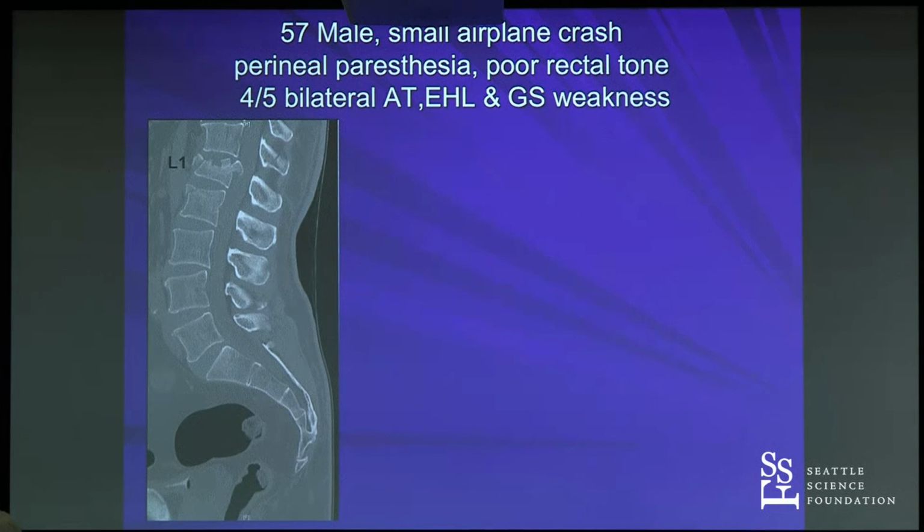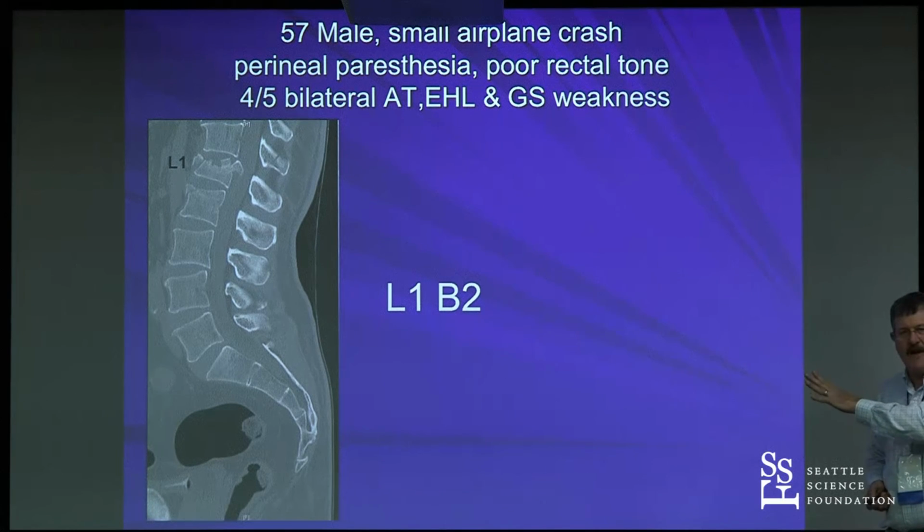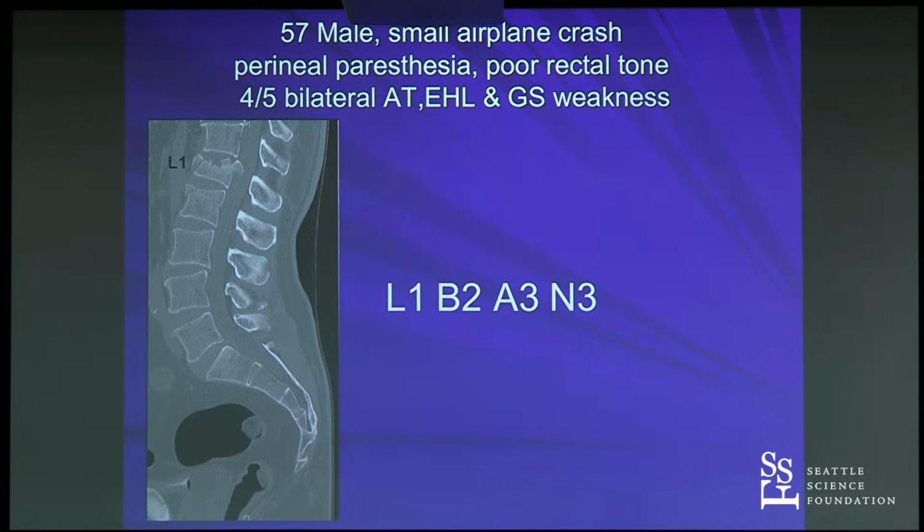Let's go back to our patient. So this is an L1 injury. Start with that. It's a B2, we're going to call it. We could put an M1 modifier on that because we're not sure, but we're going to call that a B2 injury, posterior ligamentous complex. There's an A3, burst with just the superior end plate, the inferior end plate's intact, and N3, which is an incomplete spinal cord injury, in this case a conus injury.